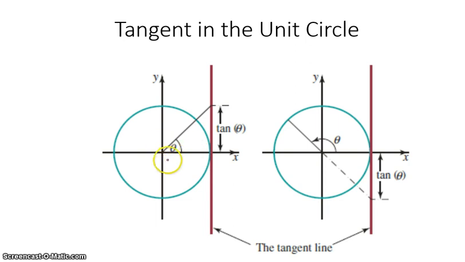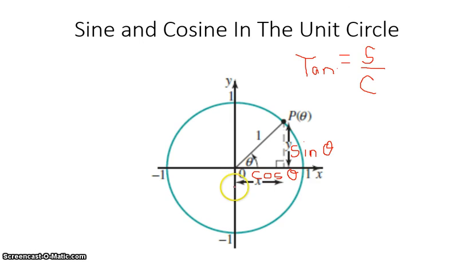Once again, I have this angle at the centre of the circle. Now, in our previous example, when we were looking at sine and cos, we took this angle here and we focused on the right angle triangle formed and found that sine of the angle was this vertical distance on the right angle triangle and cosine was the horizontal distance on this right angle triangle.